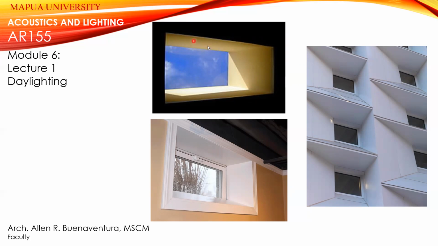But if this corner is angled like this one, the daylight will penetrate the room or the building more. As you can see in the figure below, he put a splayed edge on the bottom so that the daylight will penetrate deeper inside the building or the room.